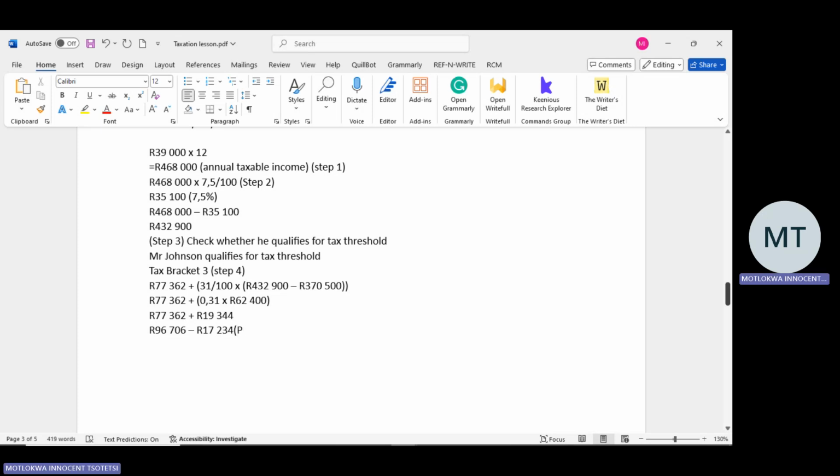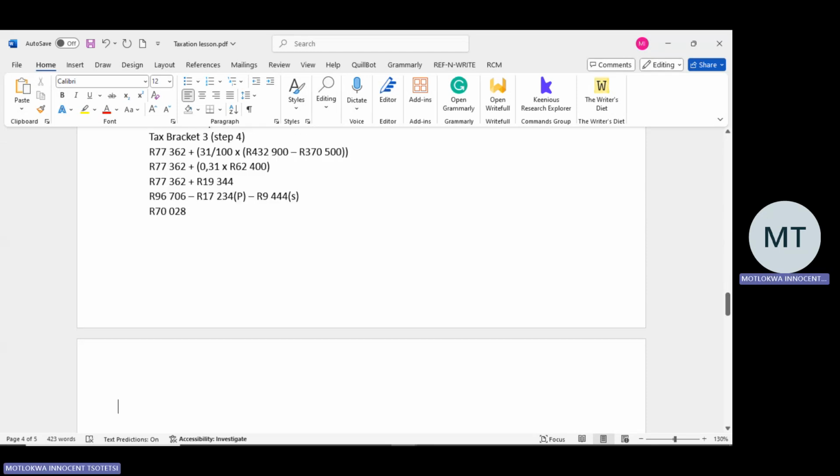Then minus 9,444, which is for secondary. This is the simple way you can do it. Then the remaining amount is 70,028.